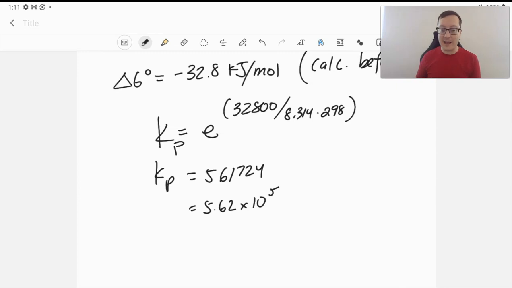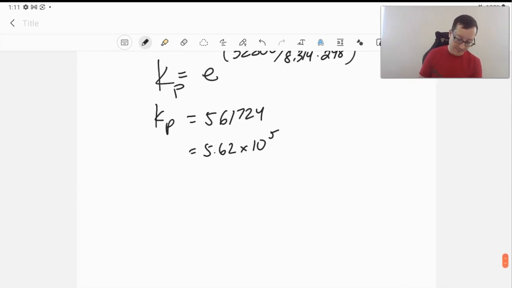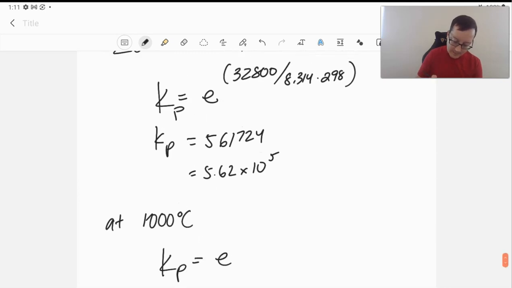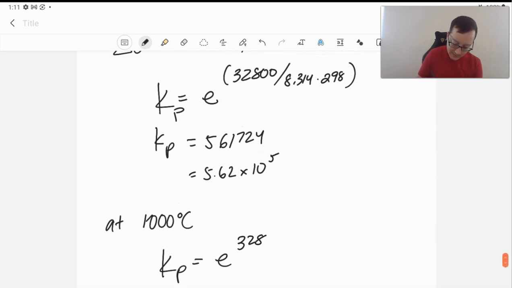We can also calculate it at a higher temperature. Let's see what we get here. Let's say, how about at 1,000 degrees Celsius? Let's do it. Kp equals E to the 32,800 over 8.314 times, instead of 298, it's going to be 1,273.